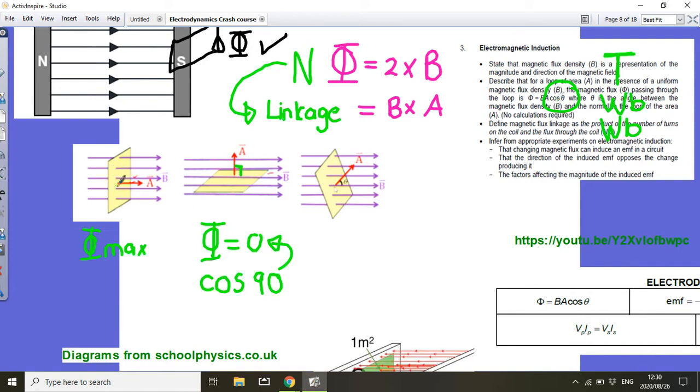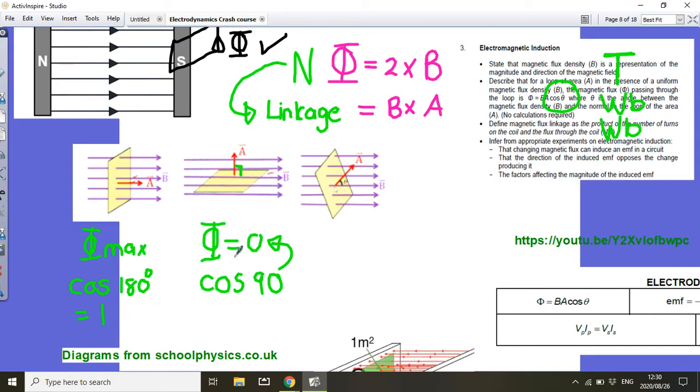If you look at this one here, now look at the angle. The angle is between the normal to the area and the magnetic field. Now this time it's 0 or 180, and if you get cos of 0 or 180 degrees, you know that is 1. So that means it's the maximum it can ever be.